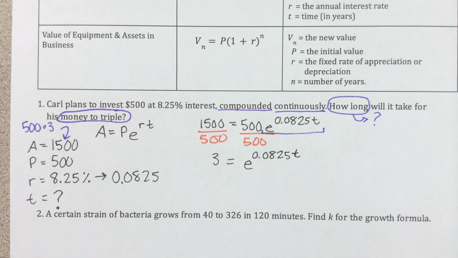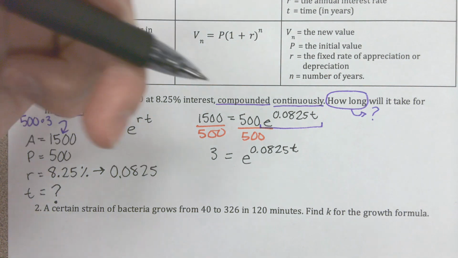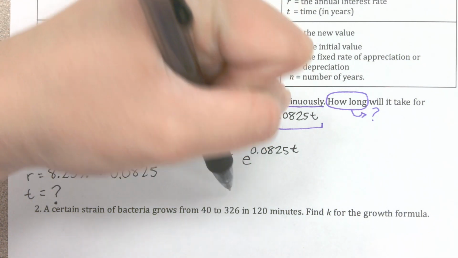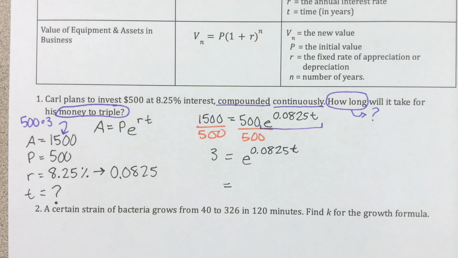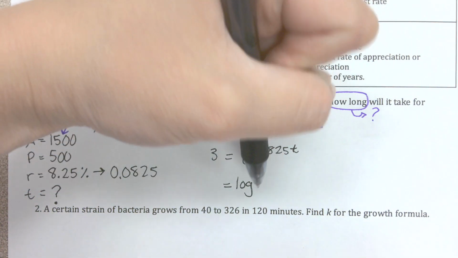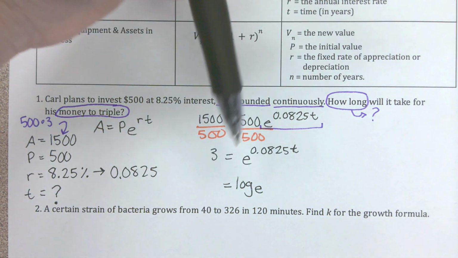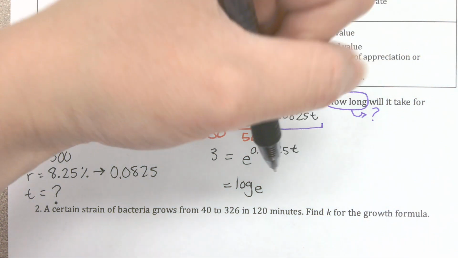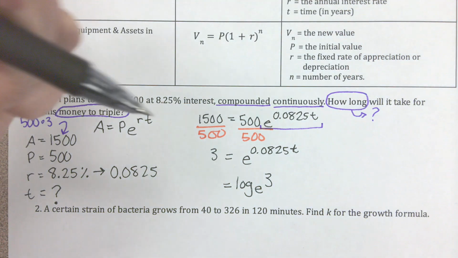At this point, we can now switch the forms. Base stays base, the other two switcheroo. E, remember, uses the natural log ln, but if you prefer log base e, that's fine. That's what I'll be writing. Log base e, and then we're going to switch the other two values of 3.